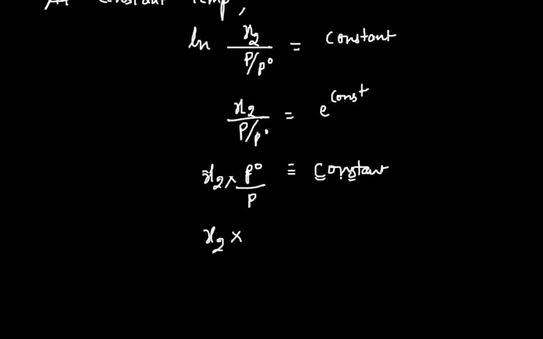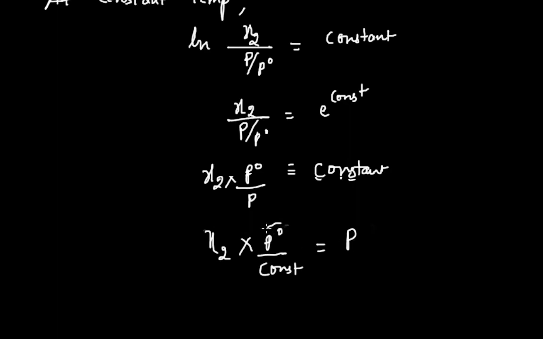Let me put it here that x2 into p naught by constant is equal to p.